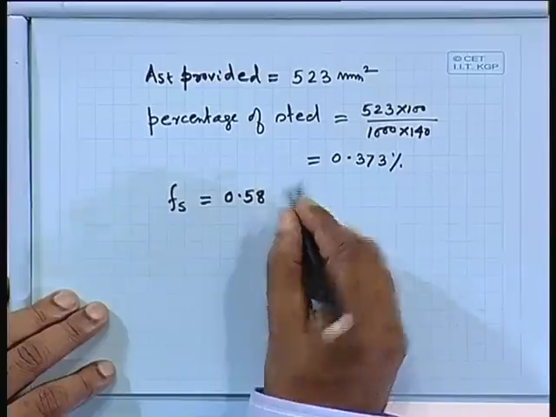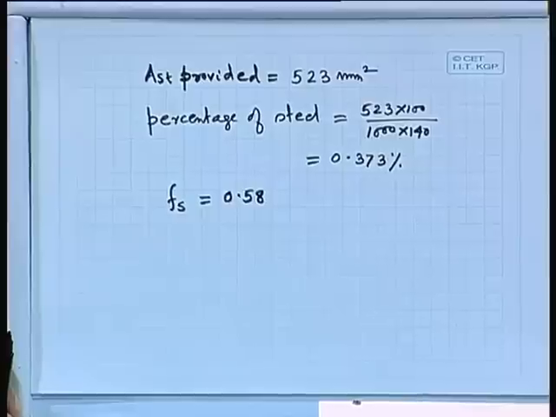If it comes less than 25, then we have to change the depth, but if it is more, and we do not consider the economic aspect, then we can stop there. Otherwise, if it is too much, then obviously you have to reduce the section. So, let us see what our code says.